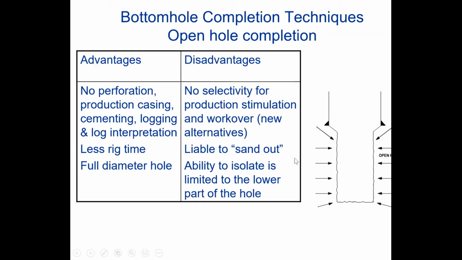The other point is that full diameter is available. But the problem is that there is no flexibility, no selectivity for production. You cannot say how much you want to produce from here or how much you want to produce from somewhere else.